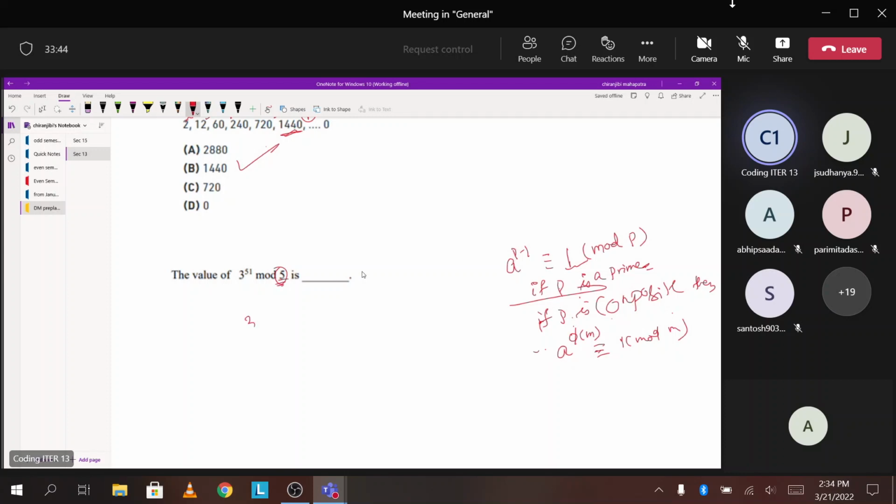So we can say that 3 to the power 4 mod 5 is congruent to 1 mod 5.